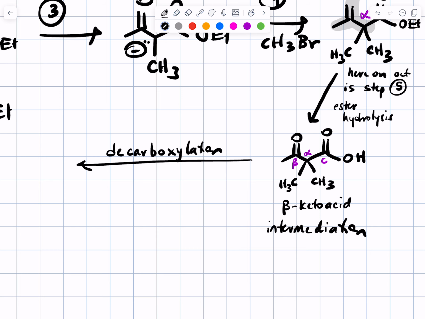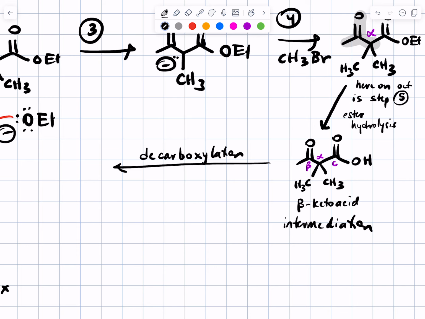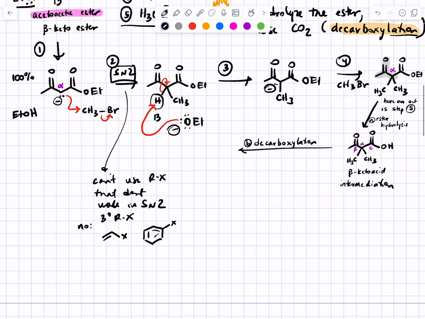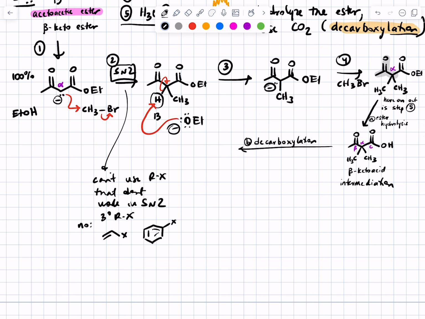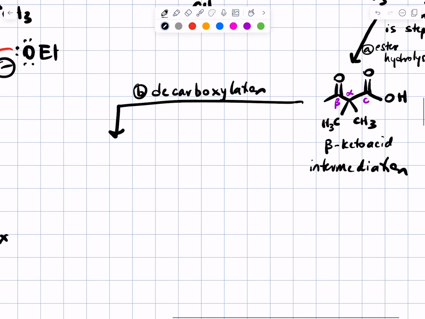So that's sort of the second phase. Phase 5A is ester hydrolysis. 5B is decarboxylation. Yikes, my arrows are not going to places where there is room to draw things. The decarboxylation product here will look like this. There are my 2 methyl groups attached to the alpha carbon.